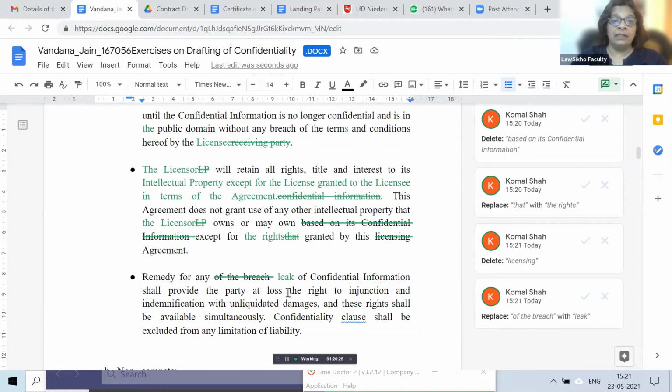Okay, this is a very confusing clause. Confidentiality clause shall be excluded from any limitation of liability.